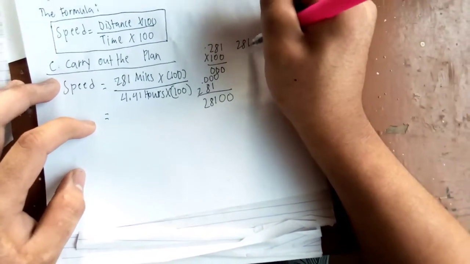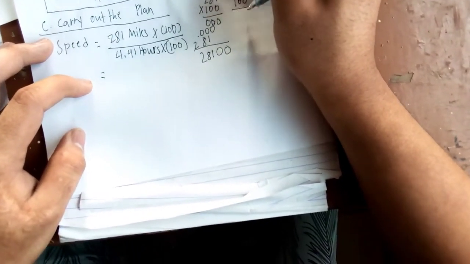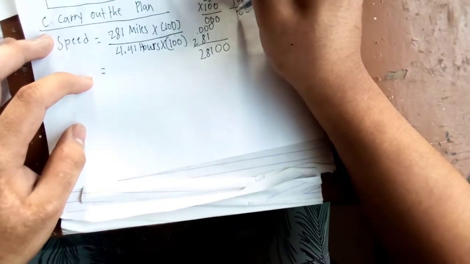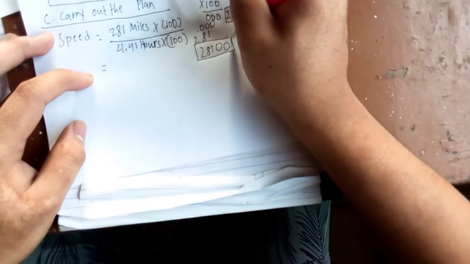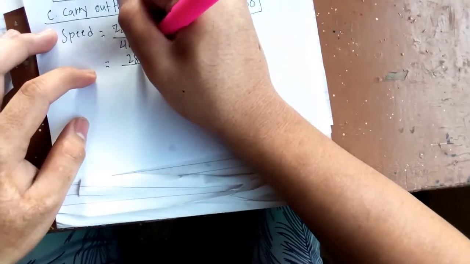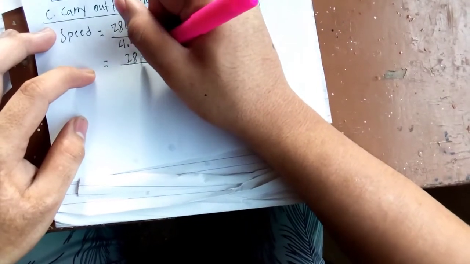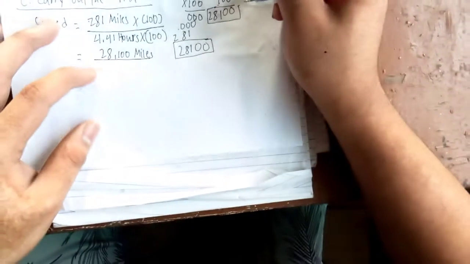So the result is 0, 1, 8, 2, or also 0, 0, 1, 8, 2. They have the same outcome of numbers. So we already get the miles: 28,100 miles.